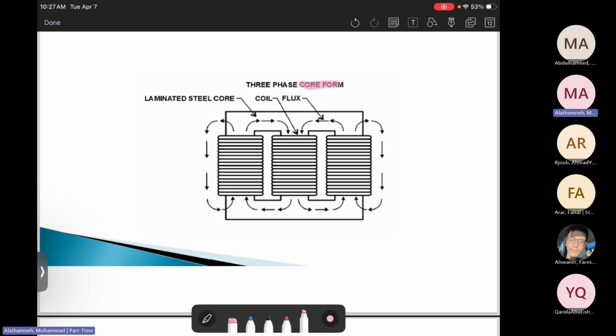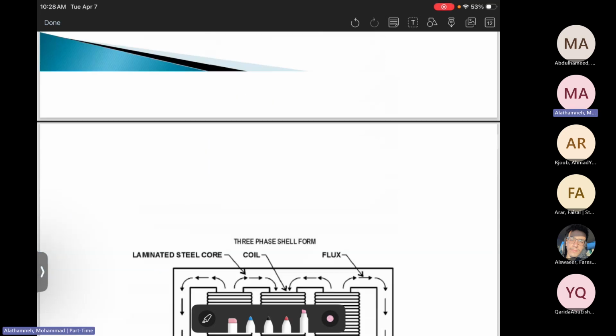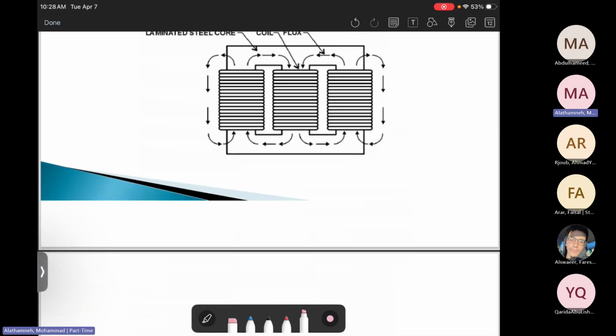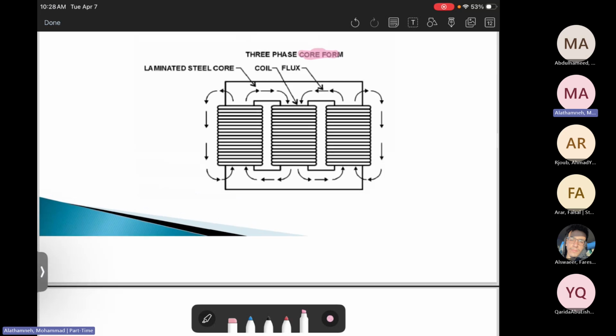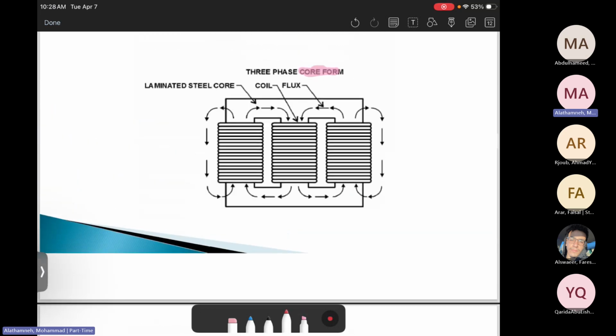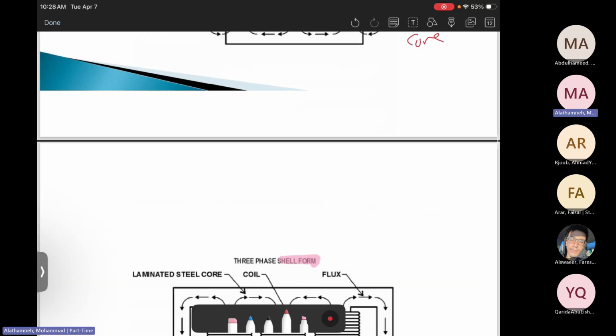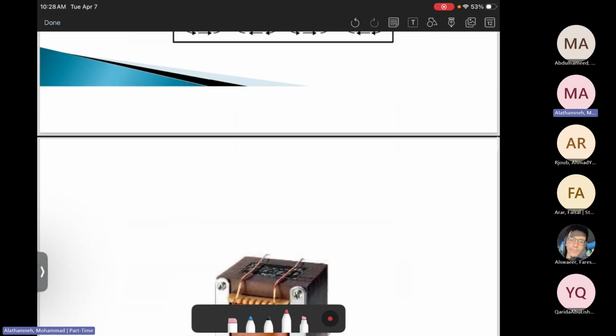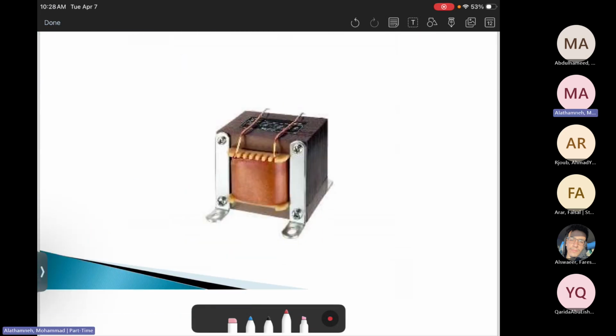This is how the core type looks like, and this is the shell type. The coils are inside. Again, you need to distinguish between the shell type and the core type. This is a core. This is a shell.